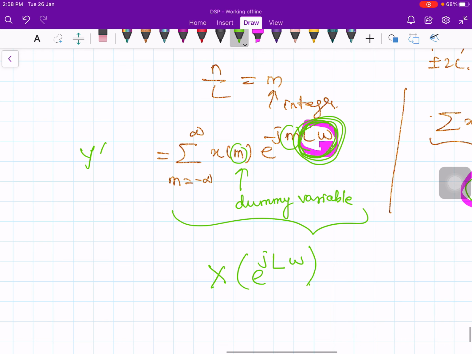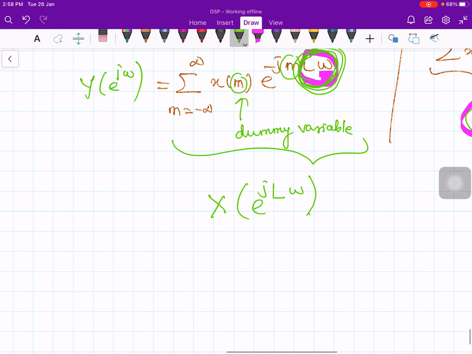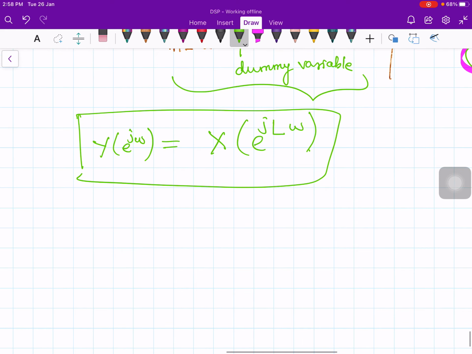So on the left hand side, y of e to the j omega. And therefore we have shown that for an upsampler the spectrum y of e to the j omega is related to the original sequence x of e to the j omega by this relationship.